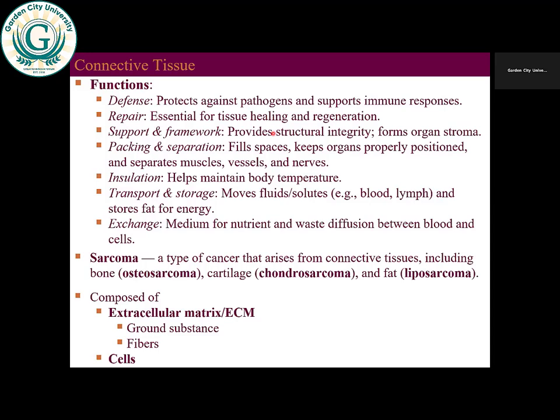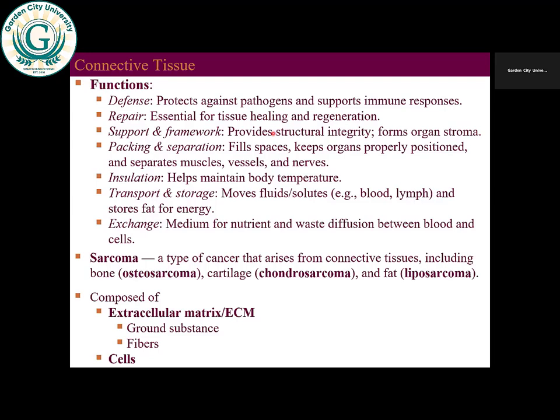So if you look at the term sarcoma, it is a type of cancer that arises from what? Connective tissues. So if it's bone, you can talk about osteosarcoma, cartilage, you say chondrosarcoma, then fat, you can say liposarcoma. So that is just an overview of the connective tissue.